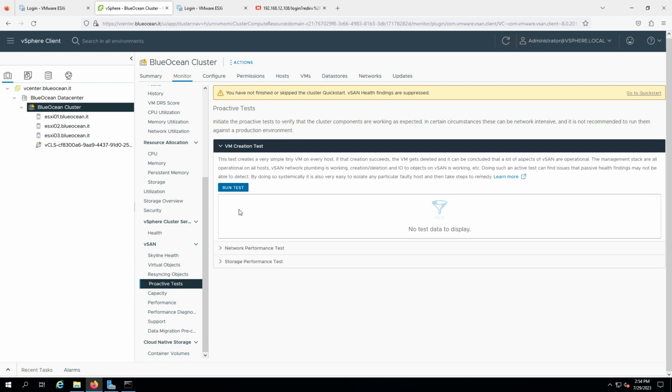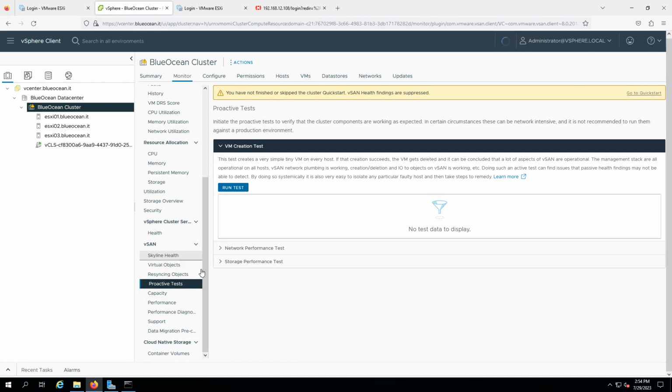You can do some tests to see if the network allocated for vSAN traffic is okay, and the storage, for example the disks you are using, the IO, the queue depth on the disk. You can see if the IO is okay, if you have many IOs, etc. So we can do those tests.